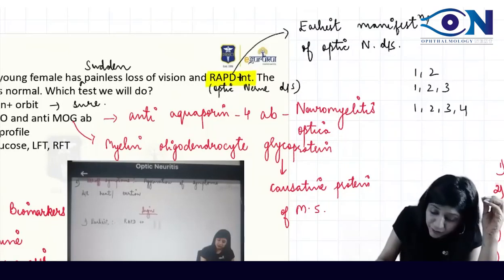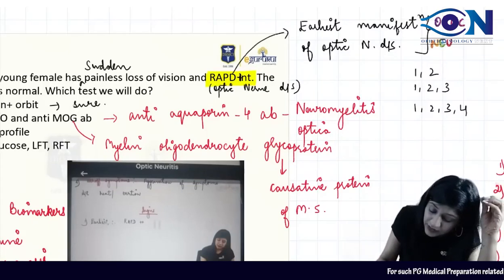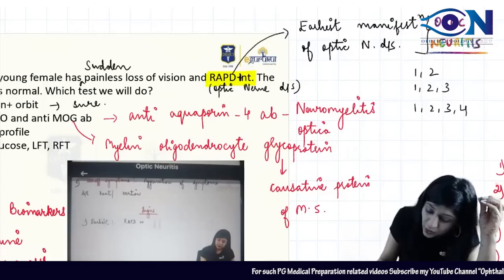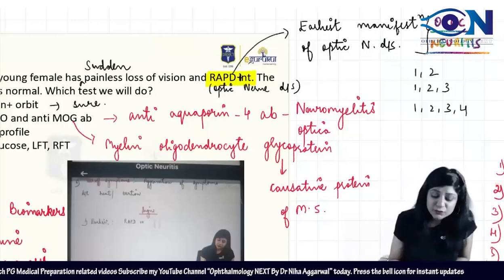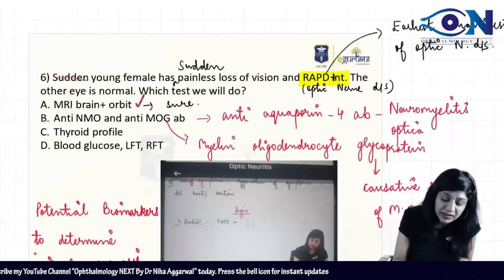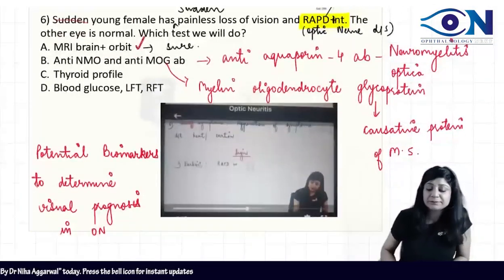So definitely I am thinking on the lines of optic neuritis. And if I am thinking on the lines of optic neuritis, definitely I will do MRI orbit and brain.